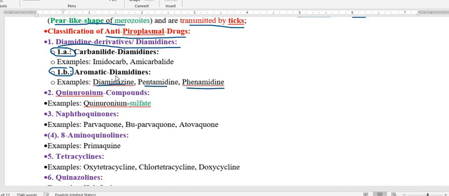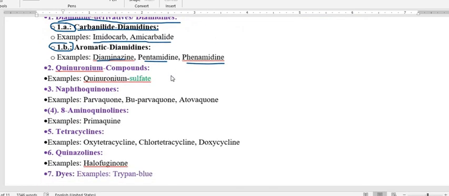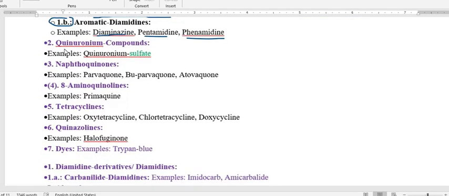Regarding aromatic diamidines, we already know the examples: diminazene aceturate, pentamidine, phenamidine. And another group from the same diamidine derivatives is carbanilide diamidine, and the drugs are imidocarb and amicarbalide.